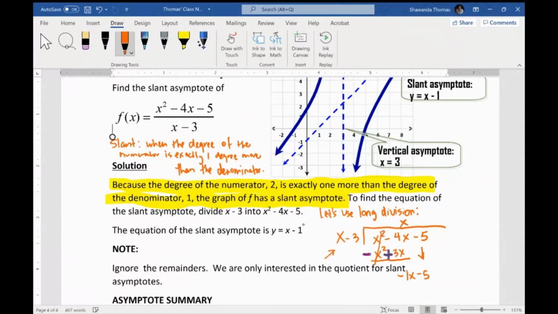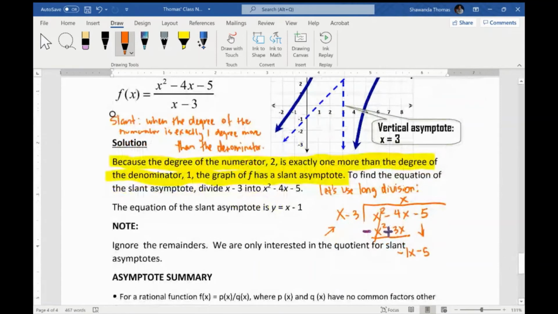Now we start over. X times what is negative 1x? Negative 1. Negative 1 times x minus 3 is negative 1x plus 3. And we have to change our signs again. That's going to become a minus sign. All right, that cancels.